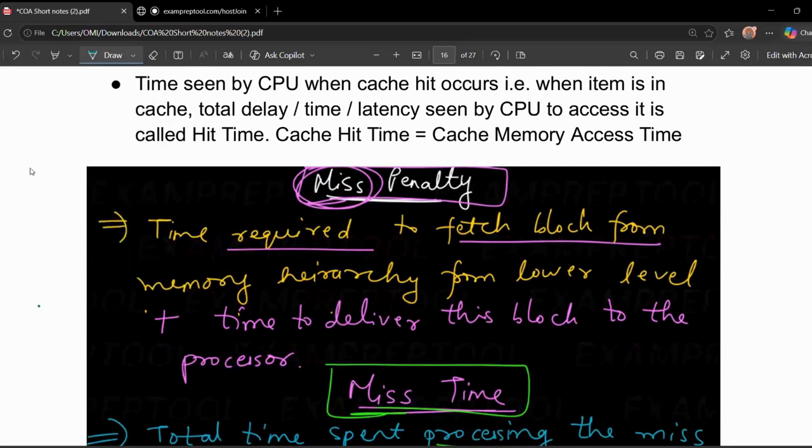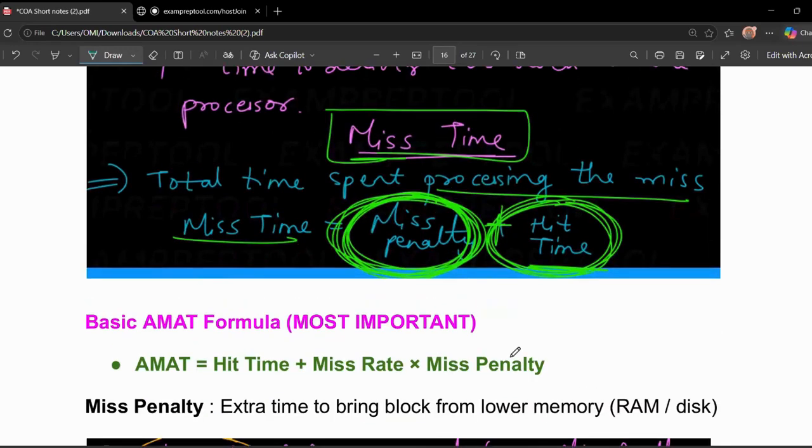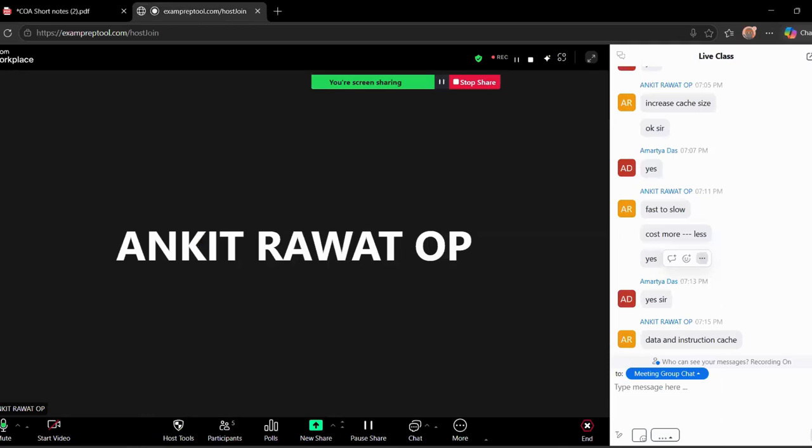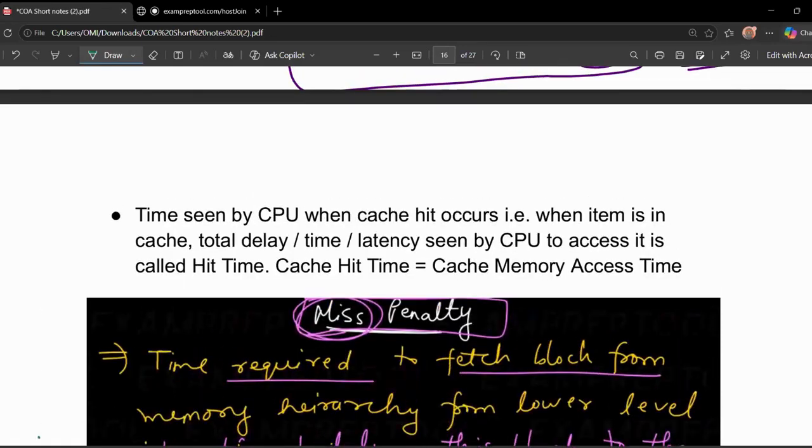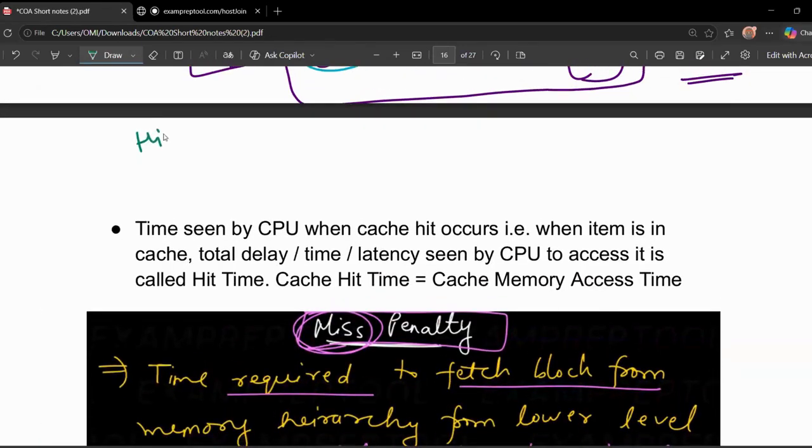Now we will see the main thing: what is hit, what is miss, what is hit time, miss penalty, and everything. What is a hit?